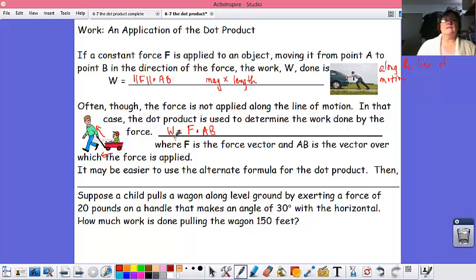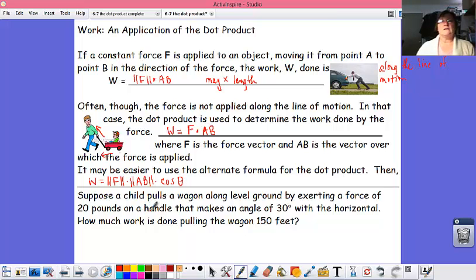However, this problem is much easier to solve if you use that alternate formula for the dot product. So what we're going to think is the work that's applied will equal the magnitude of the force times the magnitude of the length vector, or its length, okay, times the cosine of the angle between them, cosine theta. That's the formula that we're going to use.